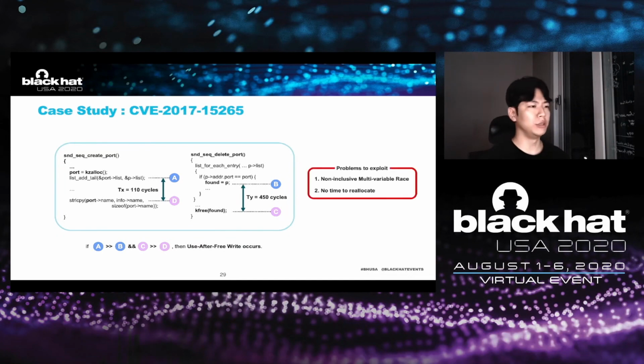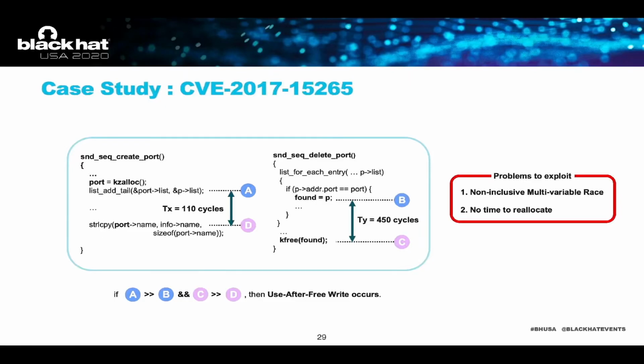But there are two problems in exploiting this vulnerability. The first is that it is a non-inclusive race condition, so no memory corruption would be triggered if an exploit only used normal brute forcing. The second is that there is no time to reallocate.